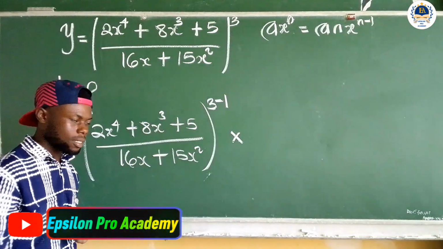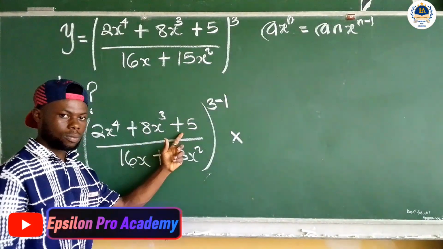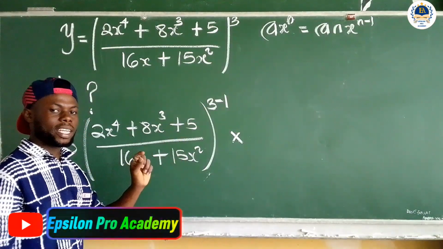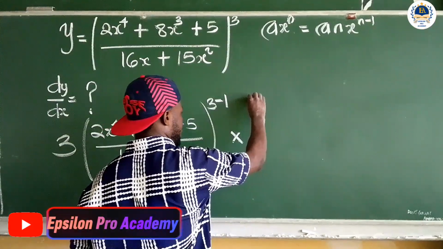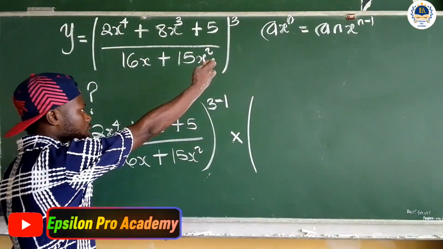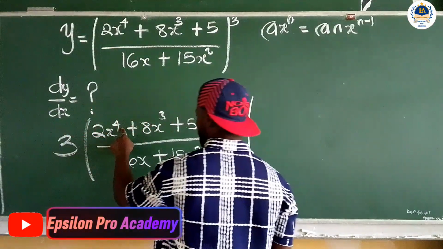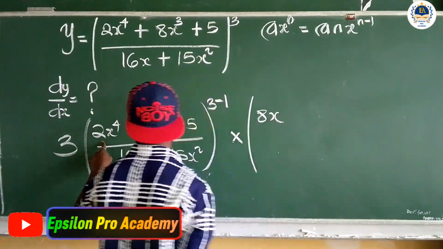The case is that we are expected to find the derivative of the numerator divided by the numerator. So that gives, in bracket, the derivative of this using this formula will give 4 times 2, which is 8, 8x.